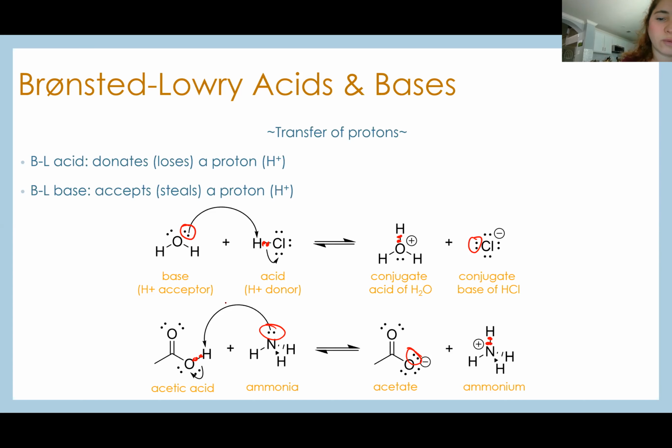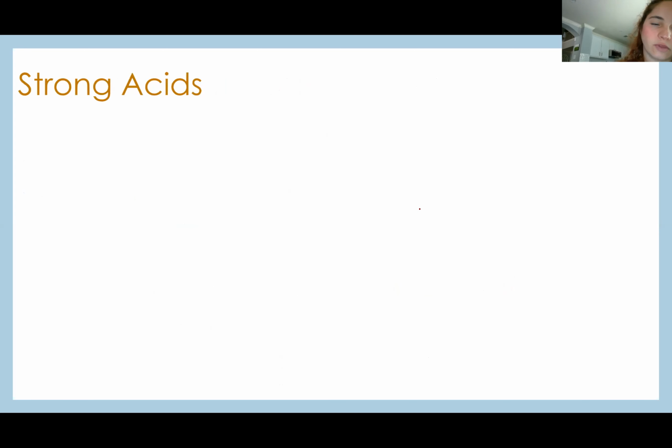Because even though what we're seeing is overall a net shift of a proton, the proton is not the thing doing the chemistry, right? The electrons are the species that actually moved and initiated the reaction. And that's really, really important to know for organic chemistry. Okay, so strong acids. What is the definition of a strong acid?